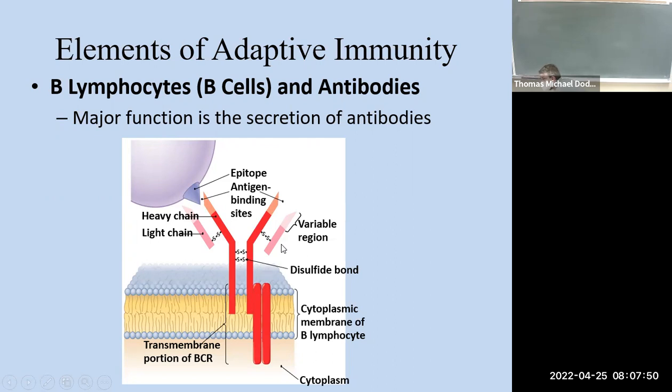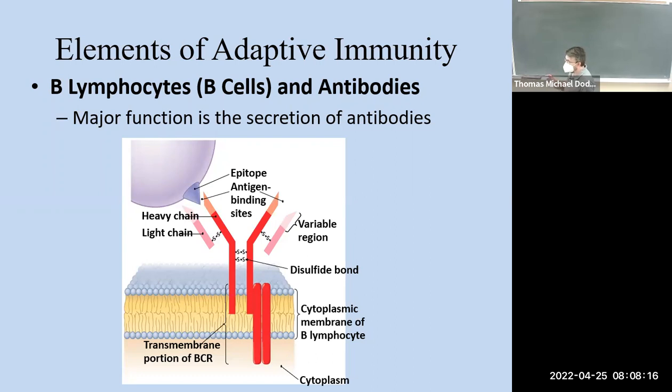It literally is a cell, just like it says. You'll see this red thing, and it's got two arms that go outwards. Those arms are variable. That means they have different shapes at the end. These are made of protein, and to some degree, they are randomly produced.